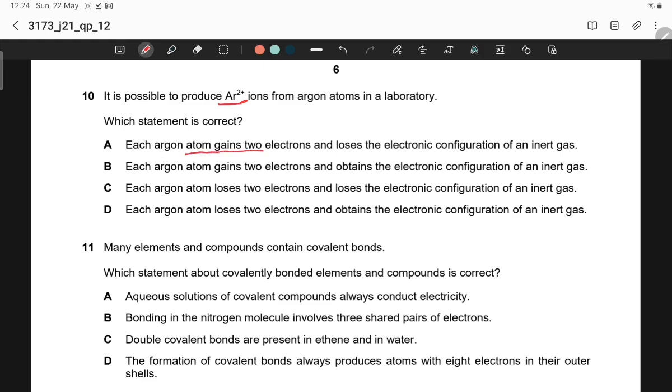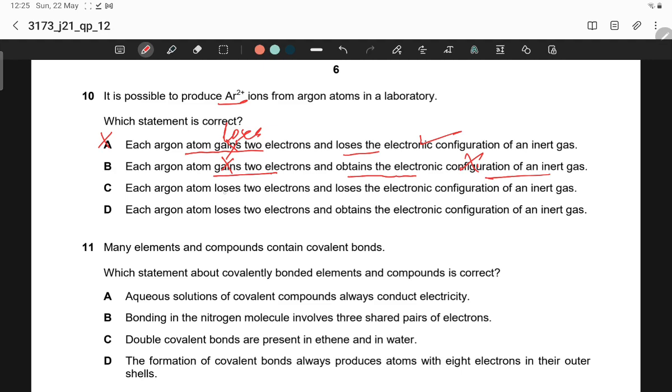Not gains 2 electrons: when a positive charge is formed, atoms lose electrons, so this is incorrect. Each argon atom gains 2 electrons, and this is also incorrect.